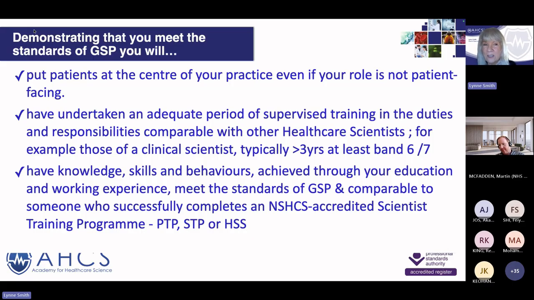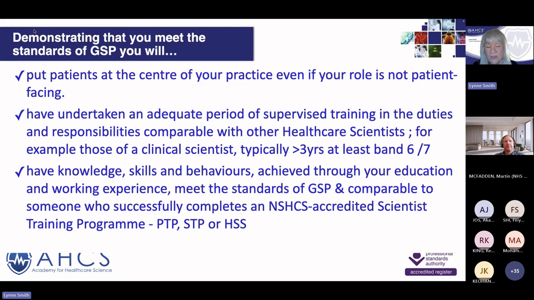So what we need to do when we're talking about GSP in terms of equivalence is that we make sure that if you're going through the equivalence process, that you meet the standards of a clinical scientist with experience of at least 3 years, at least band 6 or 7, and you're comparable to the graduate of the STP training programme at the National School.